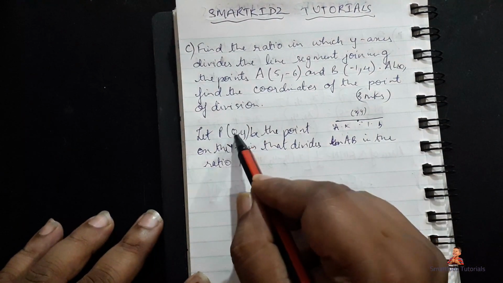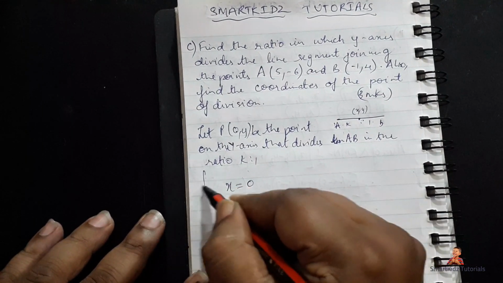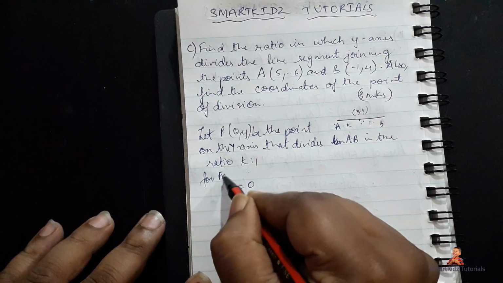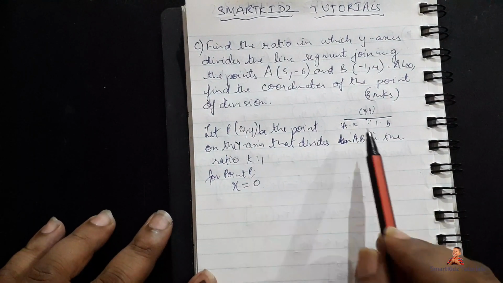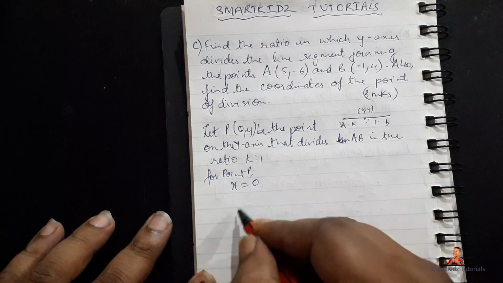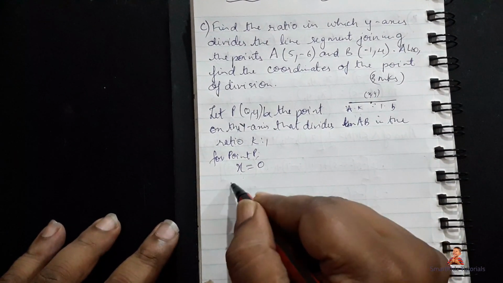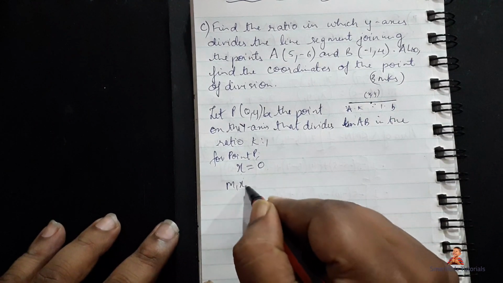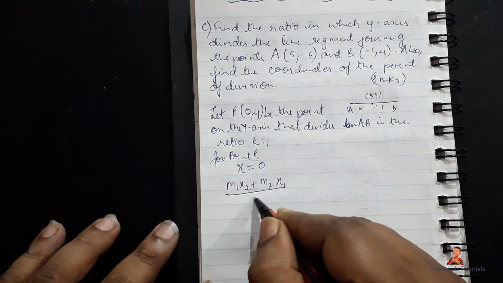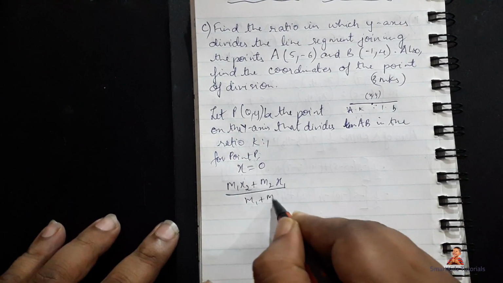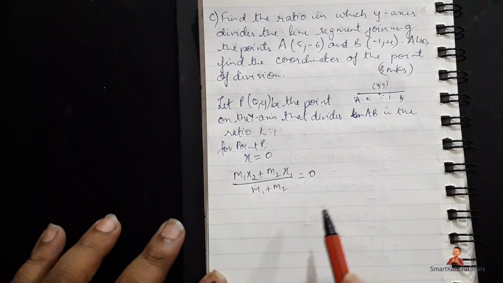So taking just the x coordinate, since we know it is equal to 0, I am just taking the x coordinate of this point P. So for point P I can say x equal to 0, and we apply the section formula to this x coordinate. This would be the formula: (m1 x2 + m2 x1) upon (m1 + m2) equal to 0, because we are given this x coordinate is equal to 0.